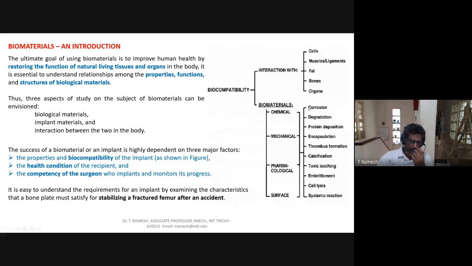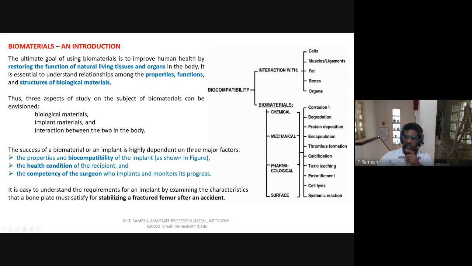Or it should permeate the device you suggest through biomaterials, so the tissues can grow inside, right? It should not be toxic. So while choosing biomaterials, one should keep all this in mind.